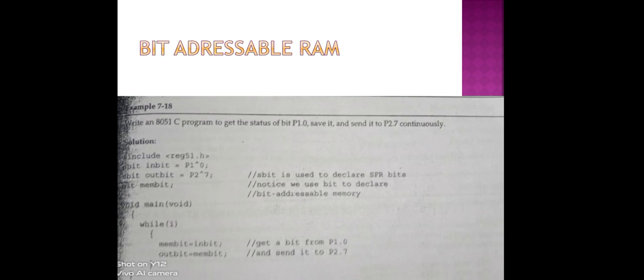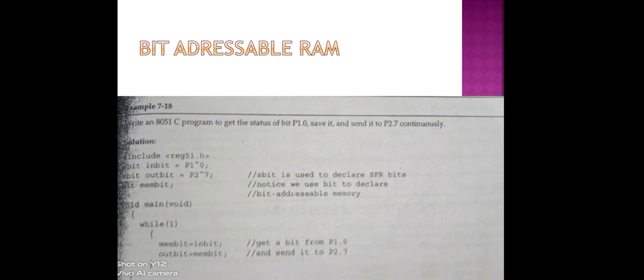Then single bit output P2.7, outbit. sbit is used to declare the SFR bits only. Then next is the bit membit. Then void main while, it is bit membit, the bit addressable memory declared with these conditions.